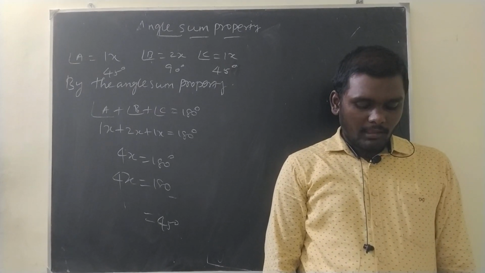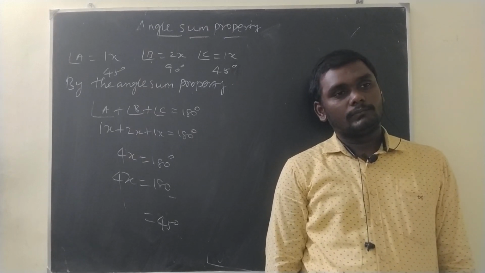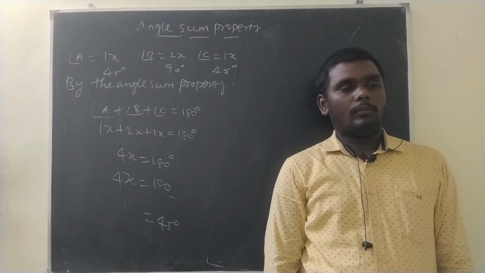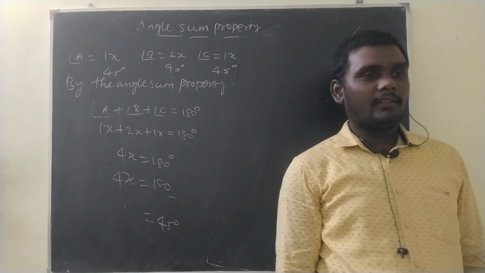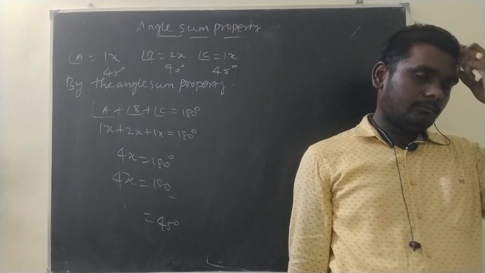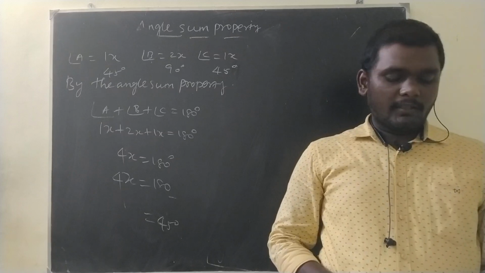Can you have a triangle with all the 3 angles less than 60 degrees? No, it's not possible. At least one should be greater than 60. Okay, and that's it. Then 2 special triangles.